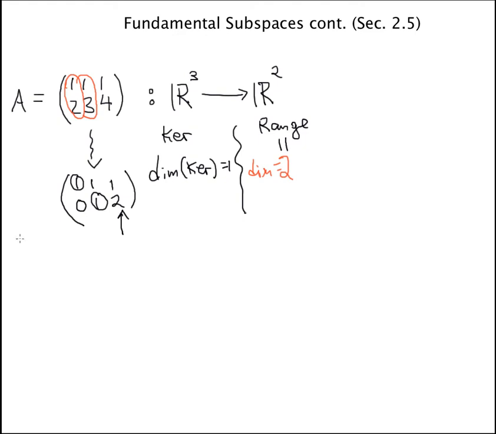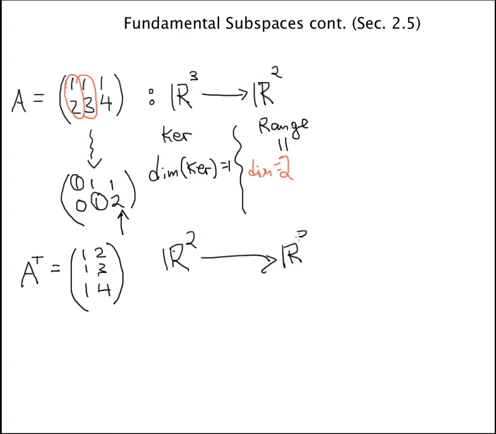But now let's look at the transpose. A transpose. So that's the matrix 1, 1, 1, 2, 3, 4. And this is a map from R2 to R3. And what's the dimension of the kernel?